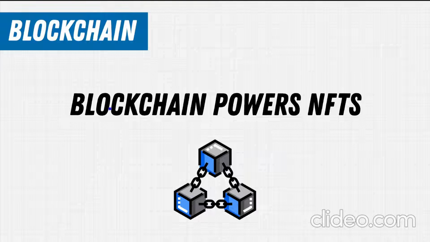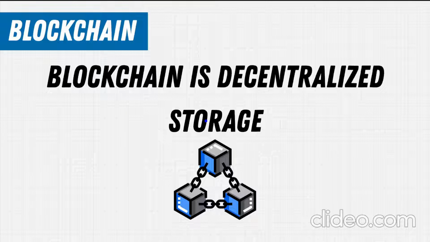That is the blockchain. And so when you ask, what is the blockchain? There's a lot of things that the blockchain is and a lot of things that it provides. But at the end of the day, blockchain is a type of decentralized storage. Think of a database that is sharded into a million little blocks and copied across multiple different systems, and everyone keeps a ledger of that data.